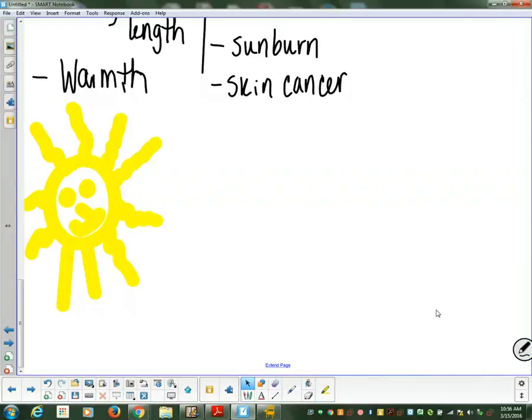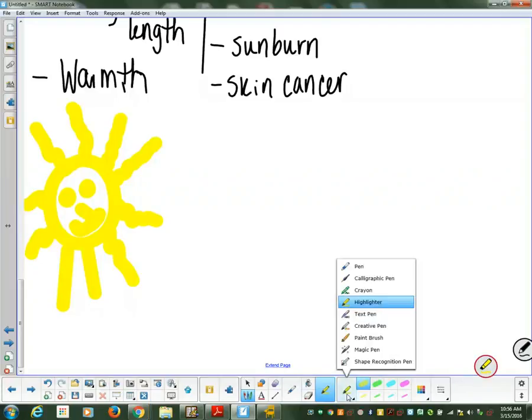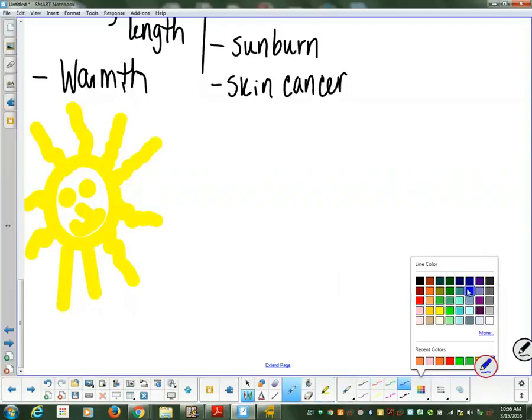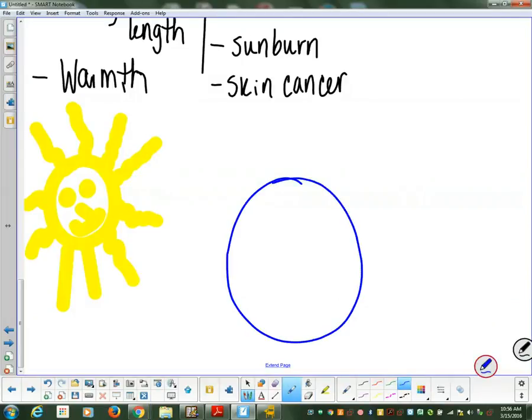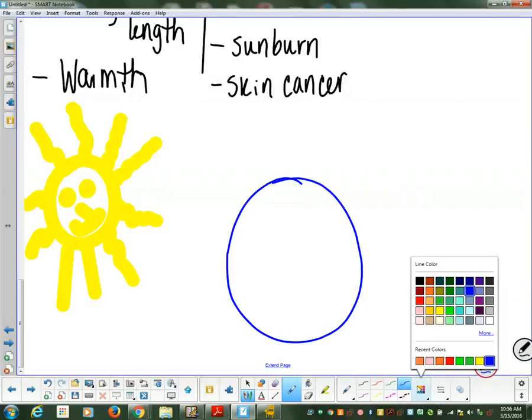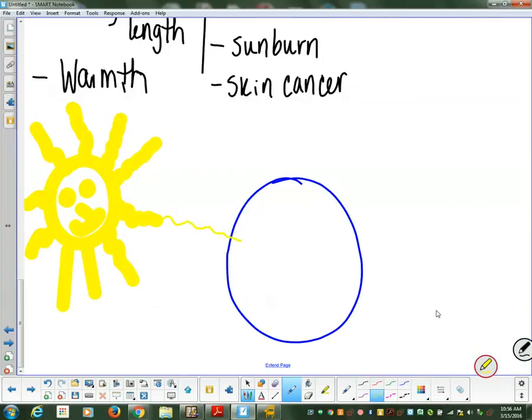Okay? Now, how does this all affect Earth? So if this is going to be our Earth, and we know that these light waves are going to come and pass through these different layers of our atmosphere, what is going to happen is about 50% of them are going to absorb into our Earth's surface.